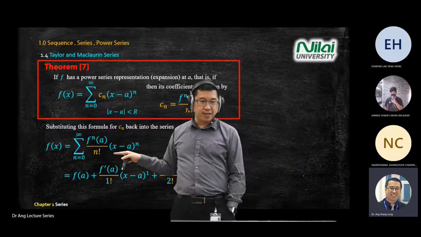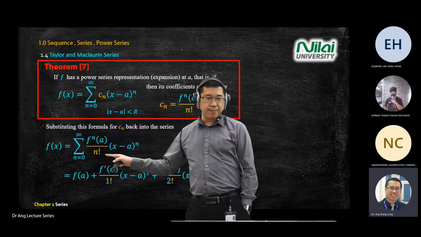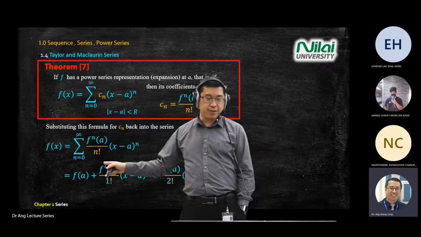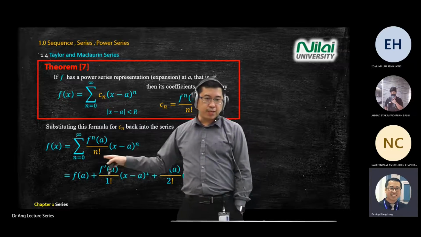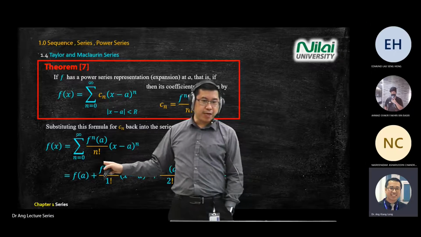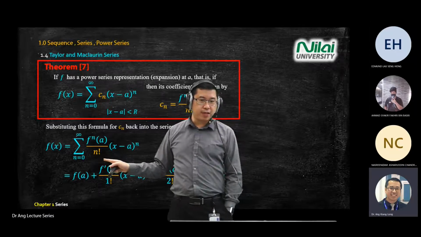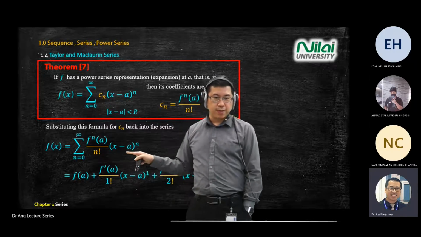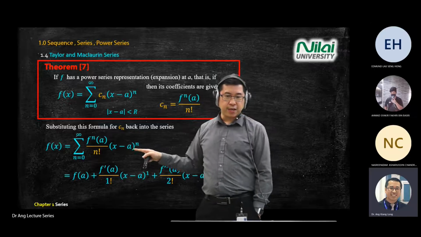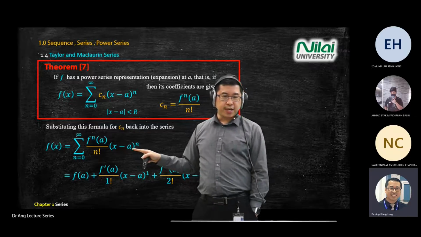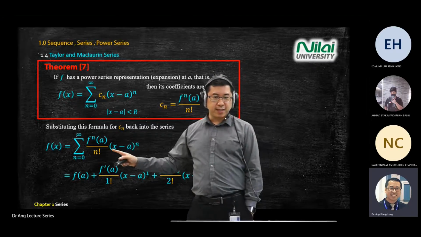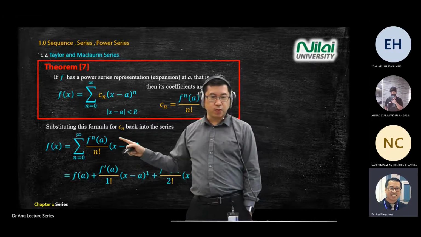Because you see the sum here, and we are talking about the power series now. You just look at the symbol that you have. You see the lower limit n equals 0 there. This is a power series. So n equals 0, you replace n with 0 here, x minus a to the power 0, you get 1, right? Anything to the power 0, you always get 1.